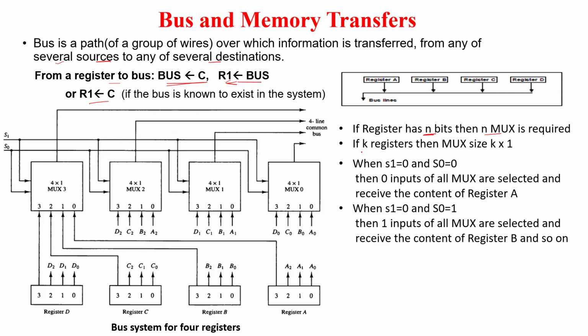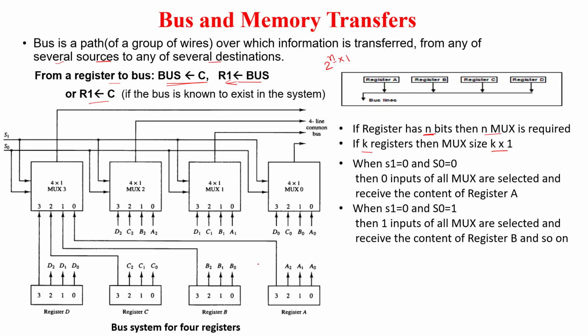If you have k registers, then the size of the multiplexer is k cross 1. A multiplexer always gives a single output for 2 to the power n inputs. So when we have a multiplexer size of 2 to the power n cross 1, this n represents the number of selection lines.